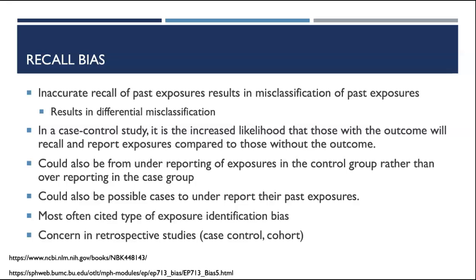And remember, we have essentially two study designs where we look back in time: the case control and the retrospective cohort studies. But we don't always know exactly how that over- or underreporting will happen. The important thing to know is that it is going to happen differently across your cases and your controls, or the two groups in your study, I should say.